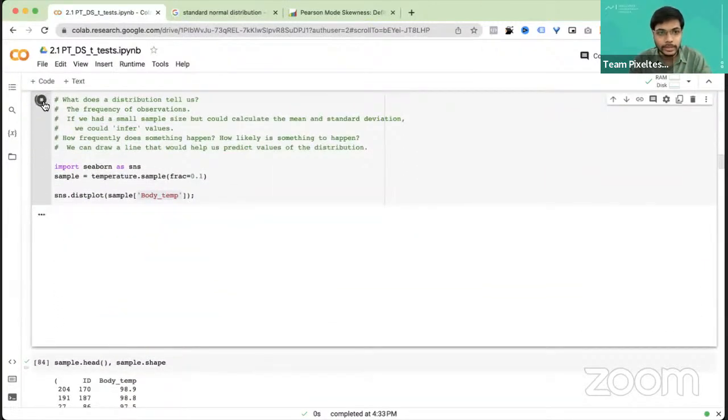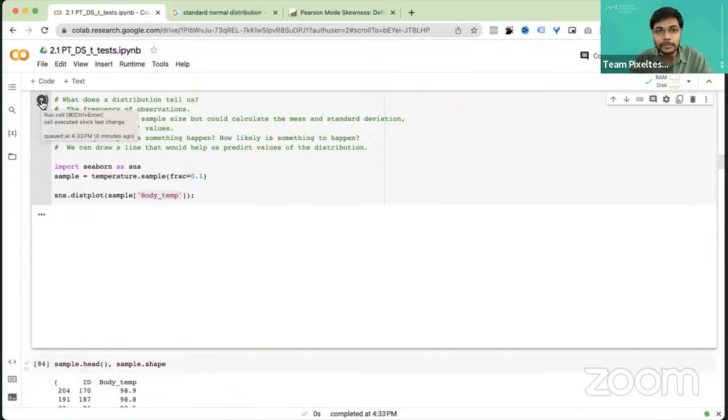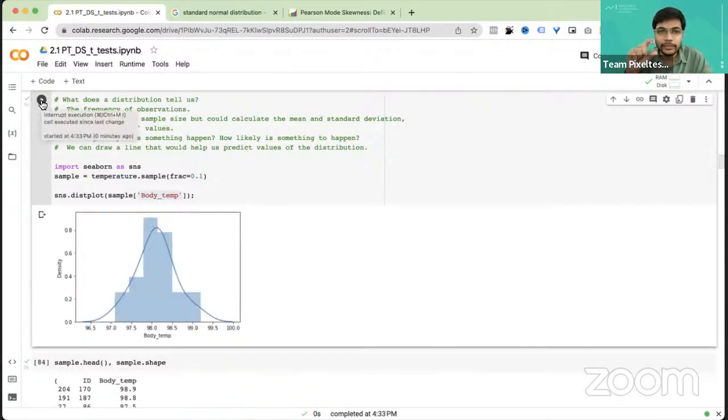So let me run it again. Now if you see, this is a different fraction of the data set, right? Every time you run, this will give you a different fraction, which will help you understand various other combinations of different data sets. So you can randomly check how it is looking in various different sets of data, right?